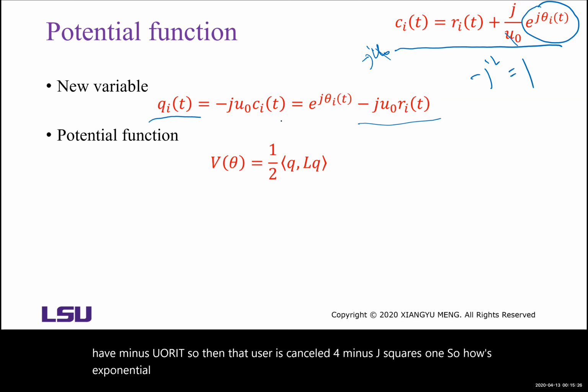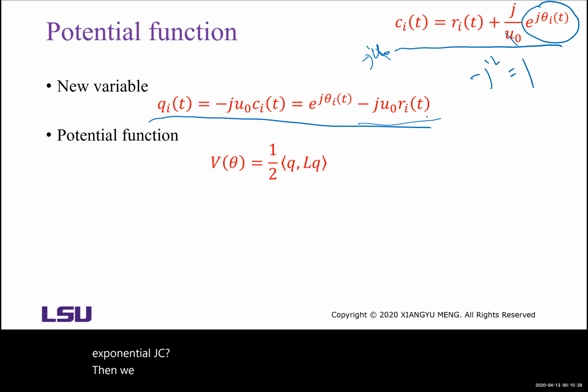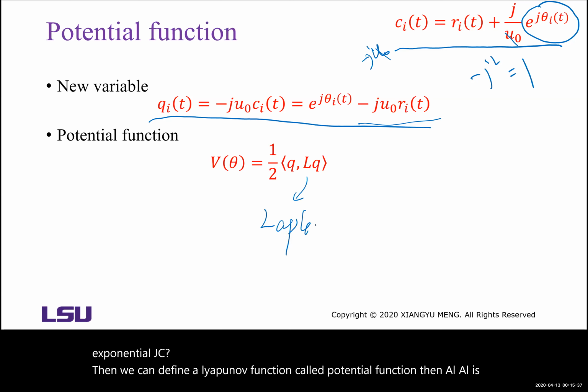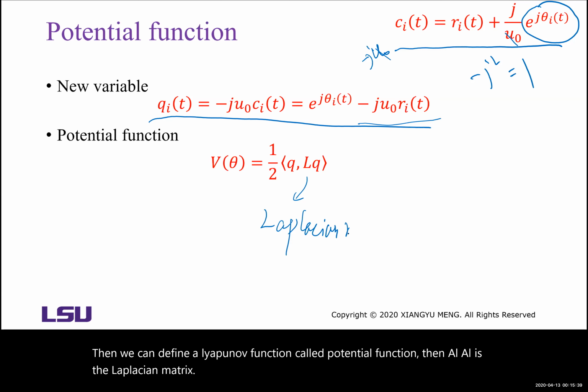Okay. Then we can define a Lyapunov function. We call it potential function. Then L is the Laplacian matrix. Then we need 0.